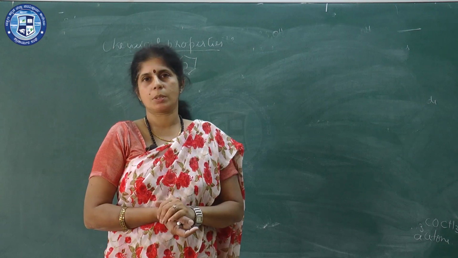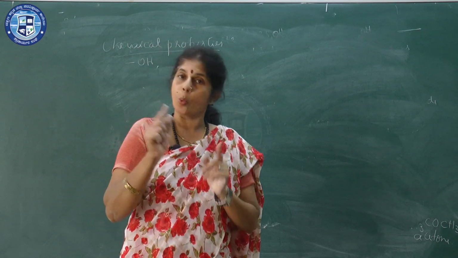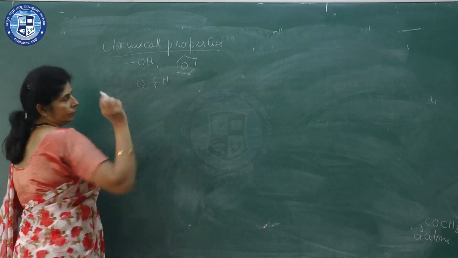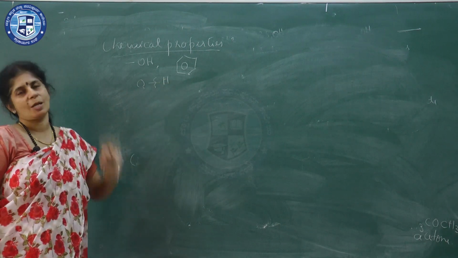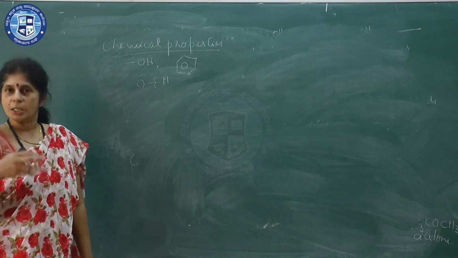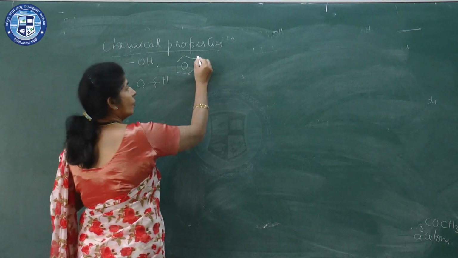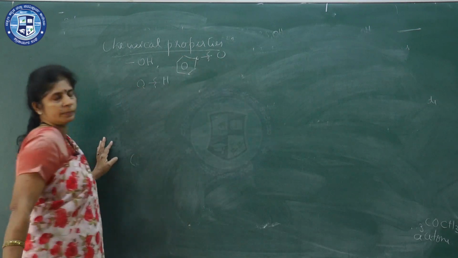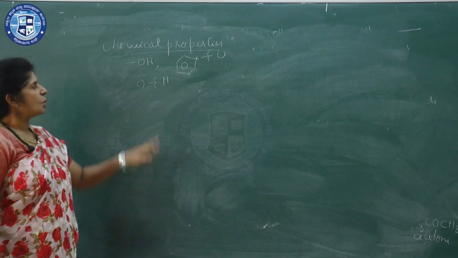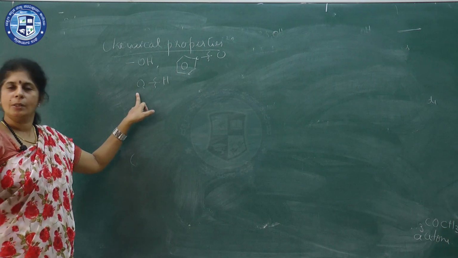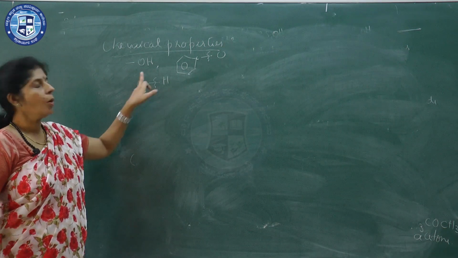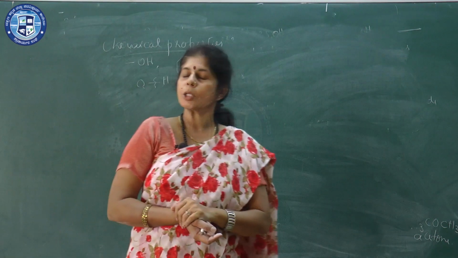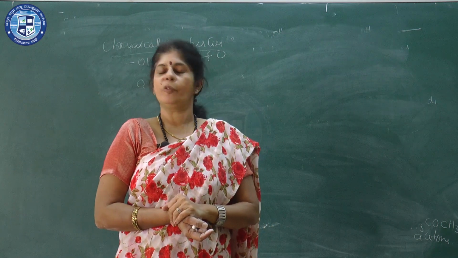There will be two types. The reactions where the O and H bond is broken, this is one class of reaction. The second class of reaction is where the C and O bond is broken. So let us take the first one, the simple one, where the O and H bonds are broken while the reaction is with phenols.